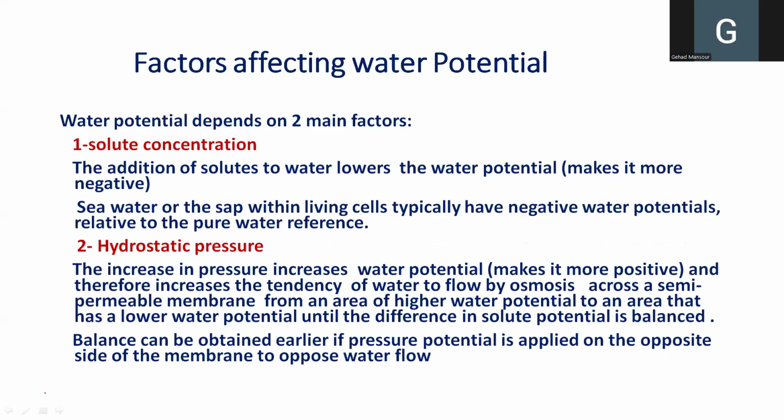So what are the factors affecting the water potential? The main factors affecting water potential are, as we have just said, the solute concentration and the pressure that you apply to the liquid or the pressure of the liquid itself. For a reason or another, every fluid has a certain pressure that is called a hydrostatic pressure. That hydrostatic pressure of the liquid itself depends on many factors. It depends upon the number of fluid particles inside.